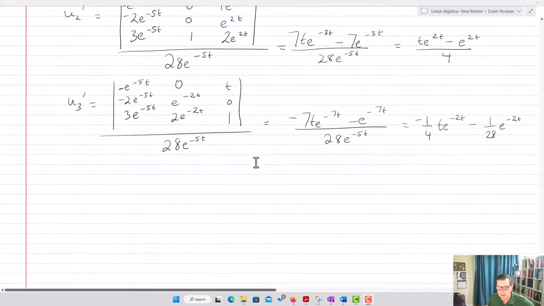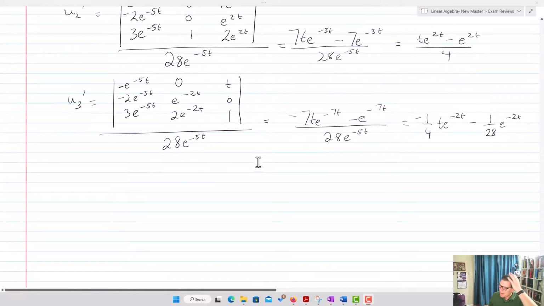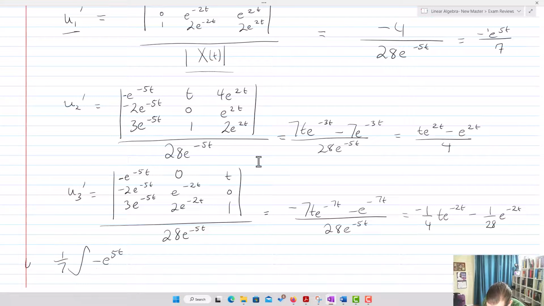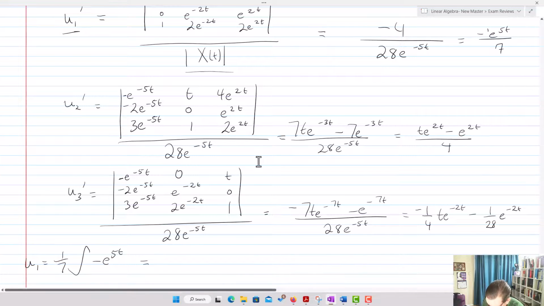When I integrate those expressions, I'm going to first take the integral of negative e to the 5t over 7, or 1/7 e to the negative 5t, and that's going to give me u1. And so that ends up equaling negative 1/35 e to the 5t.